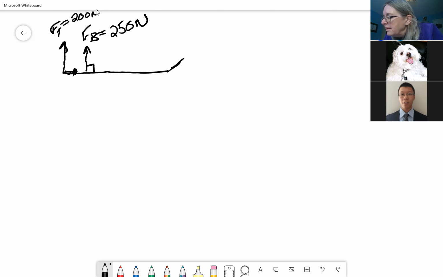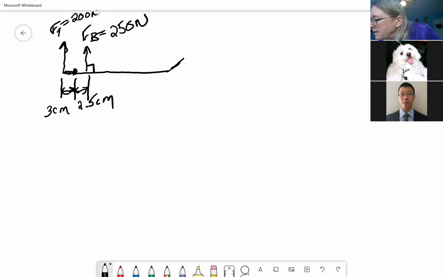And this distance, the distance from the center of the joint, which is my axis of rotation, to my triceps is 3 centimeters. And on the other side, I have 2.5 centimeters. I think I've read all of those correctly.